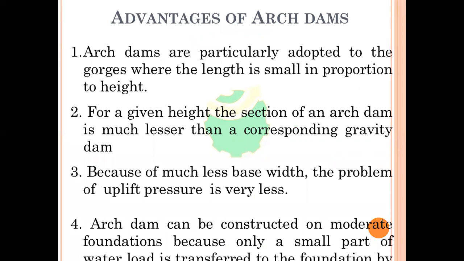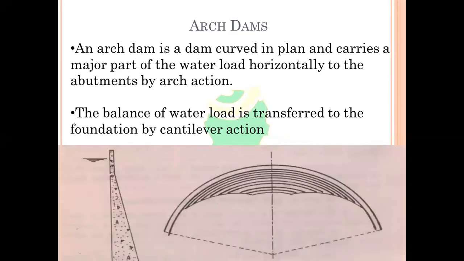What are the advantages of arc dams? The difference between gravity and arc dams is the shape. Gravity dams are constructed in a straight shape on the top, but in arc dams, the shape of the dam wall is curved. In a gravity dam, the wall is straight.